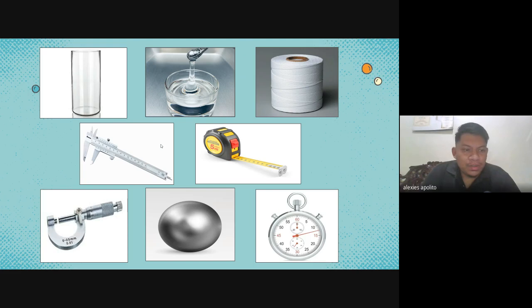Third is a meter scale. Fourth is a spherical ball. Fifth is a screw gauge, and sixth is a vernier caliper. Seventh is a stop clock, and eighth is a thread.